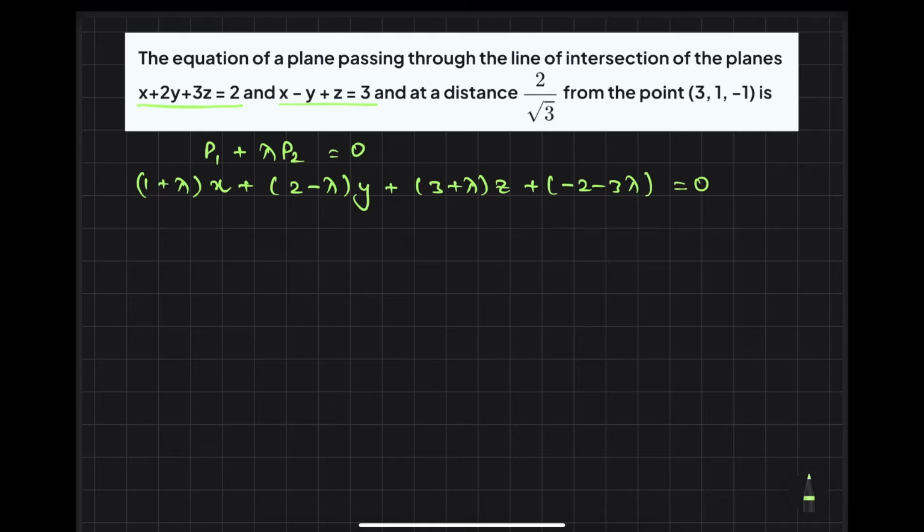Please be careful while writing this. This is correct. So this is your required equation of plane. If you get the exact value of lambda, you get your required plane.